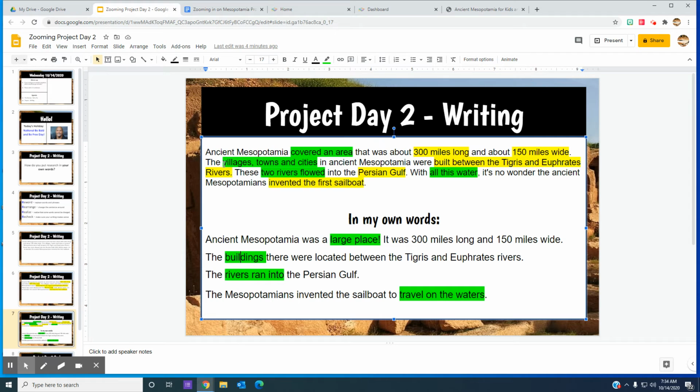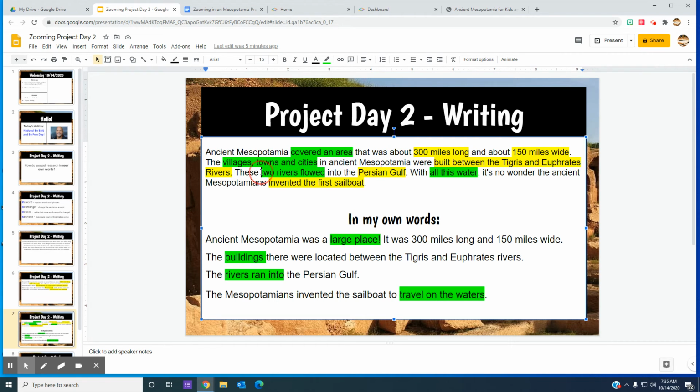The next sentence, the villages, towns, and cities in ancient Mesopotamia were built between the Tigris and Euphrates rivers. I'm going to change these words, this phrase, to just buildings. The buildings there were located between the Tigris and Euphrates rivers. So I still have the important facts, the main detail in there, but I changed the sentence and some words. These two rivers flowed into the Persian Gulf.